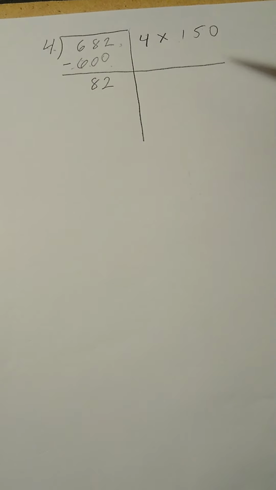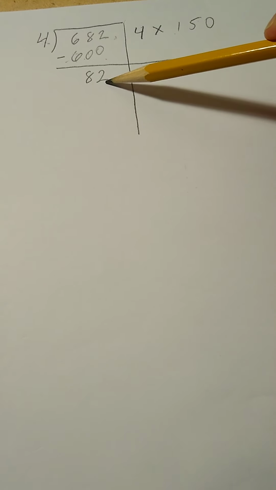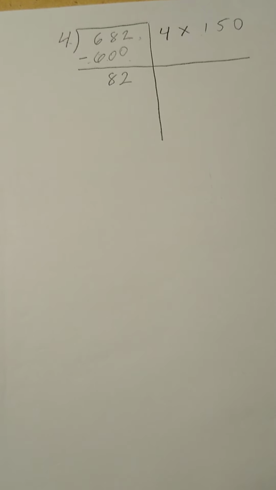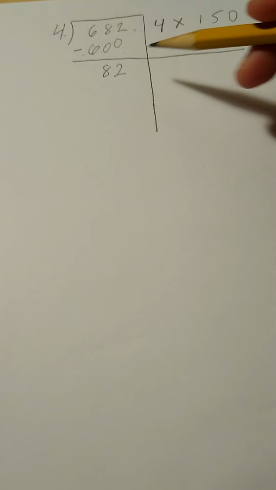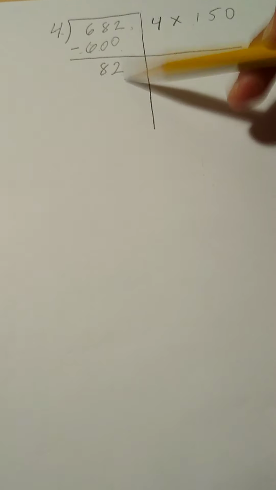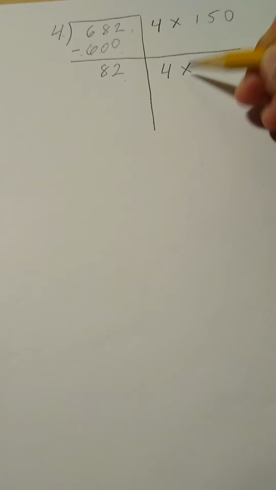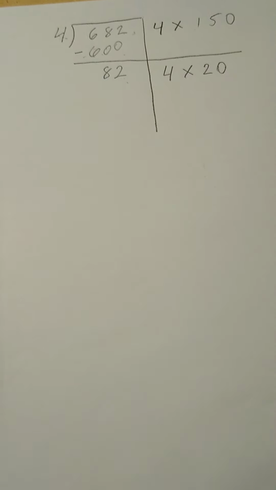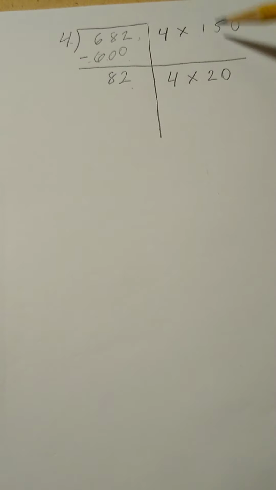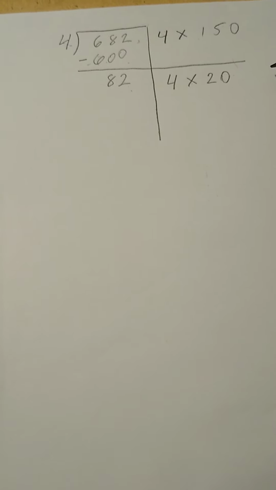Now, how many times can 4 go into 82? Now that brings you back to the regular way of solving, and that would actually be 4 times 20, because 82 is closest to 80 and not 90.